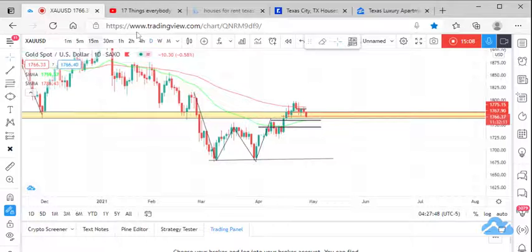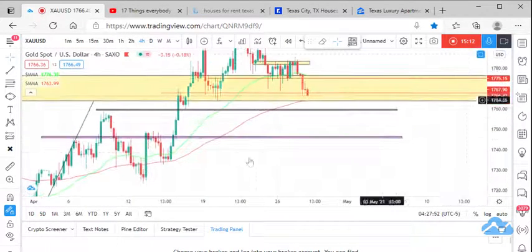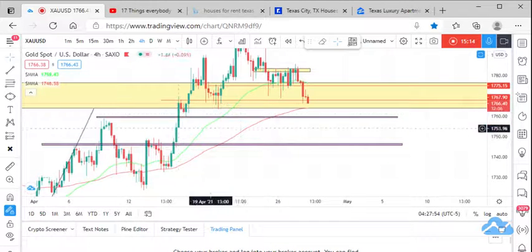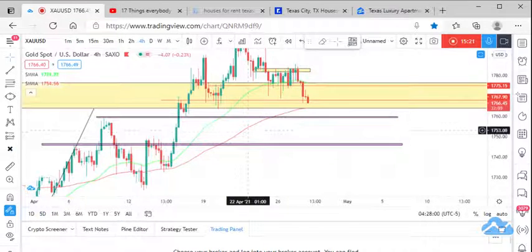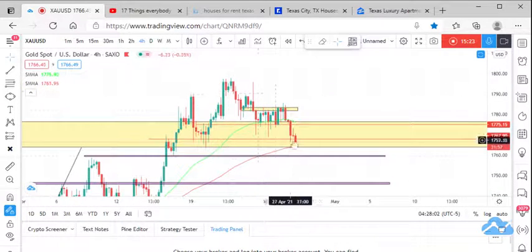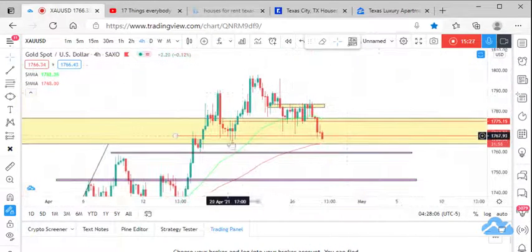So I then dropped to the 4 hour, and this is strong. Remember, this is our zone. With this being our zone, I want to see how price reacts in that zone.